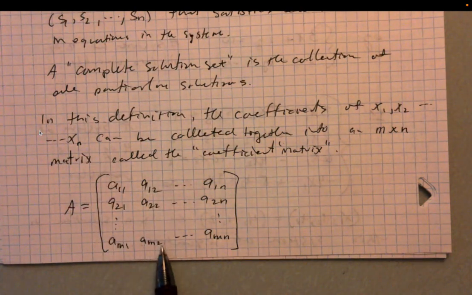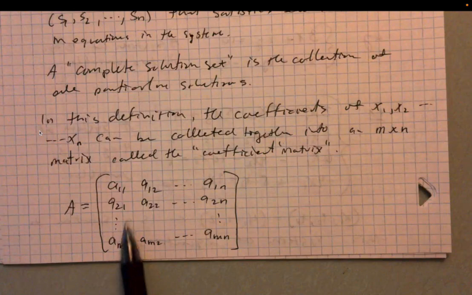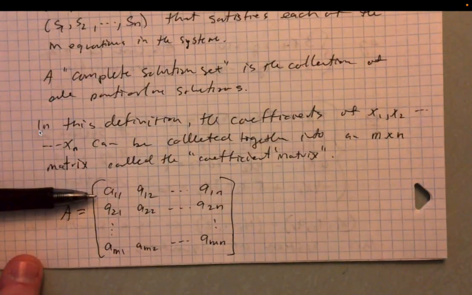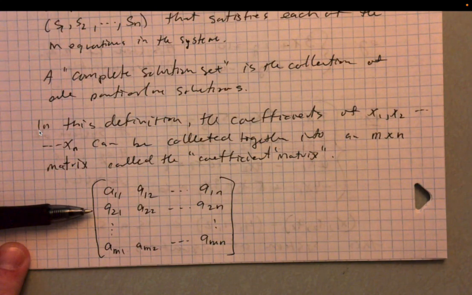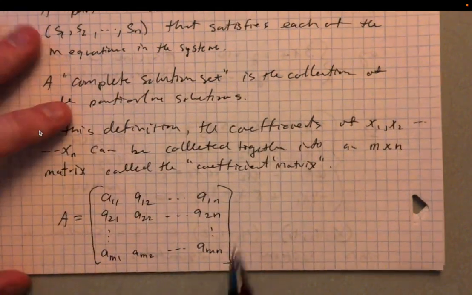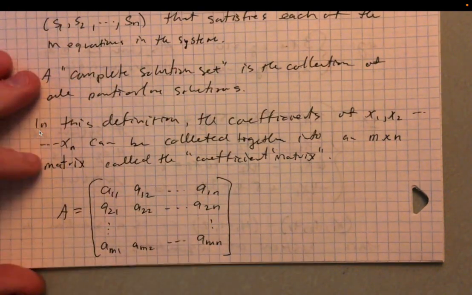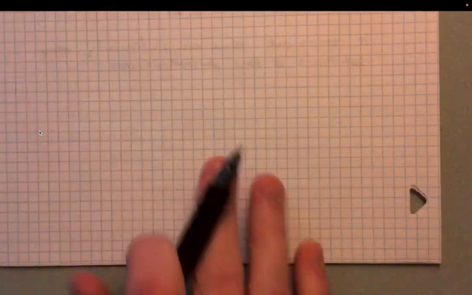These are all the coefficients for the x2 variable, and so on, based purely on their position in the matrix. Similarly, this top row represents equation 1. The second row represents equation 2, and so on. So which coefficient goes with what is retained based on the position of the coefficient in the matrix. Okay, and so there's our coefficient matrix.